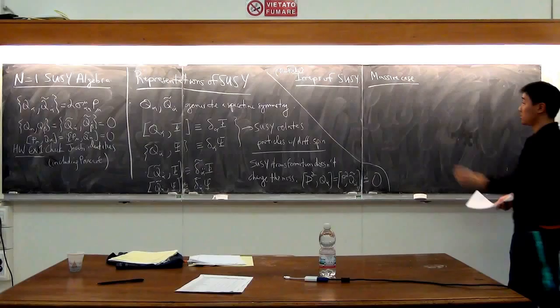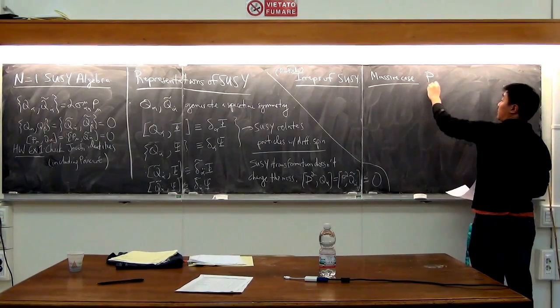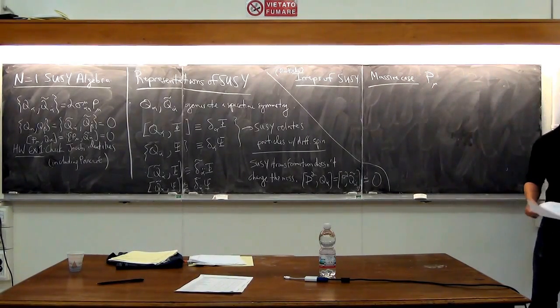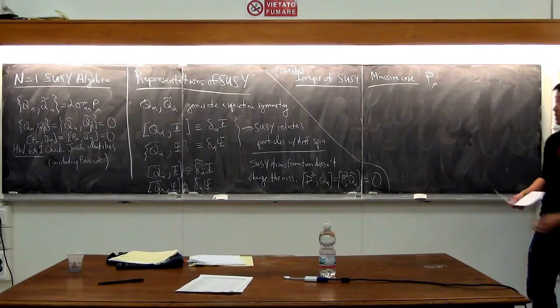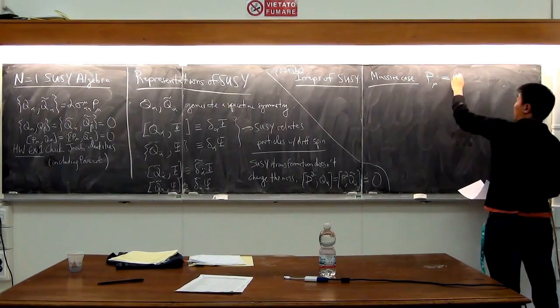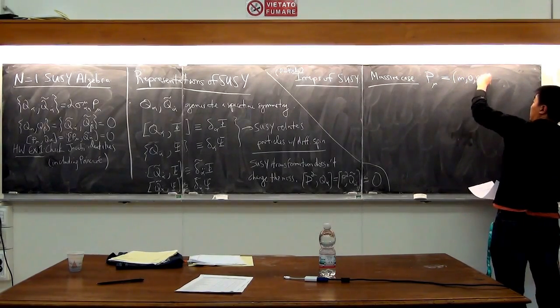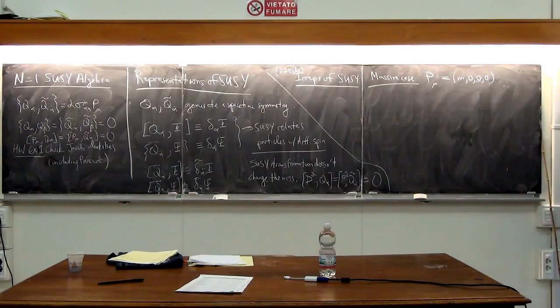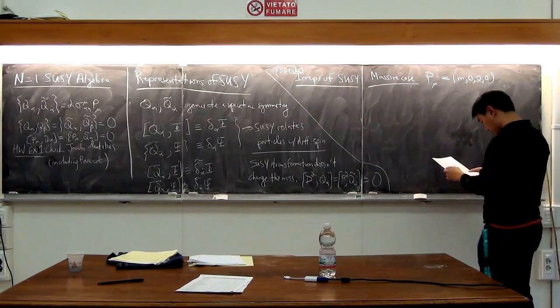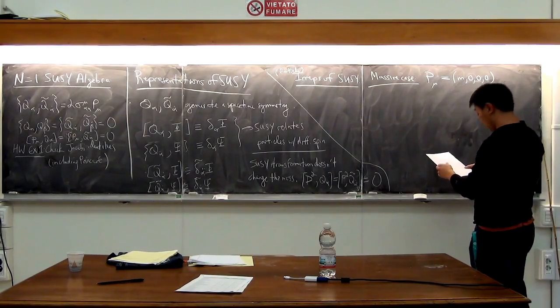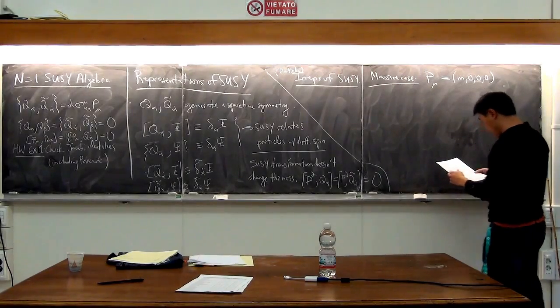If we're talking about just a particle, then its energy momentum is just a collection of numbers, right? So I can boost to the rest frame. If I boost to the rest frame, then p mu is just this.